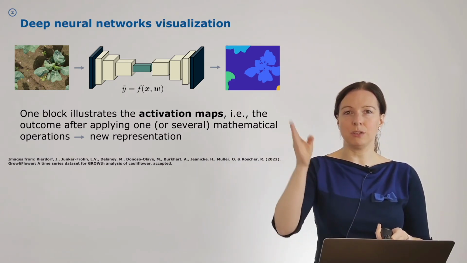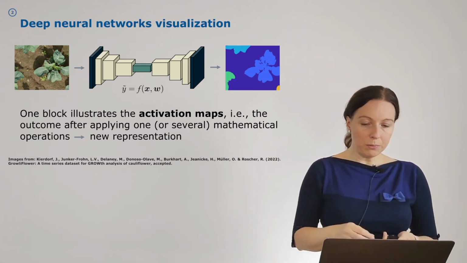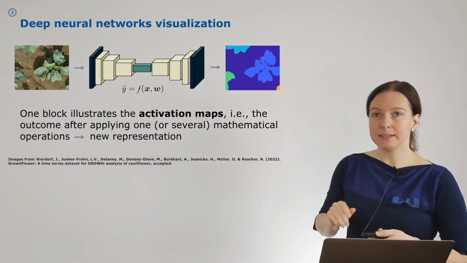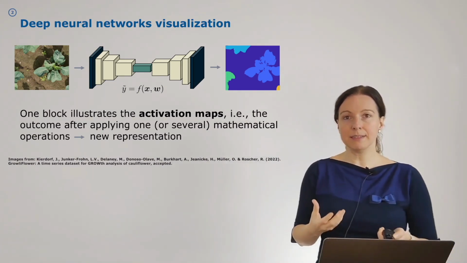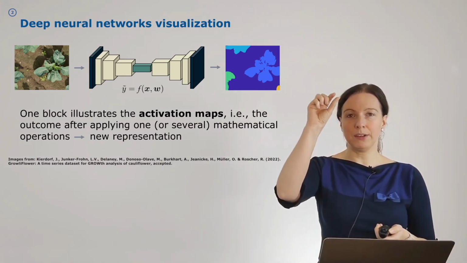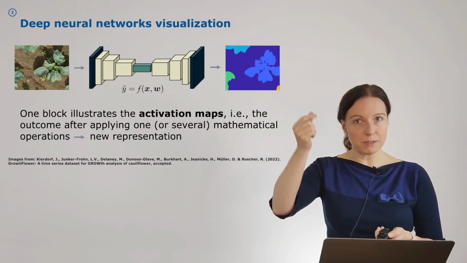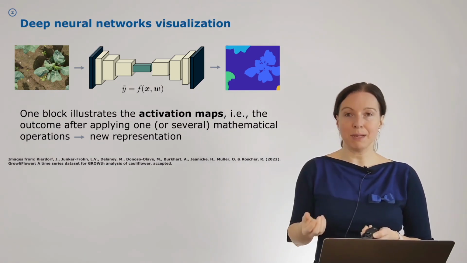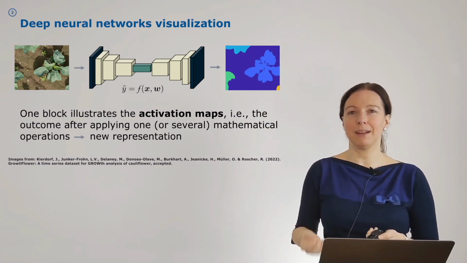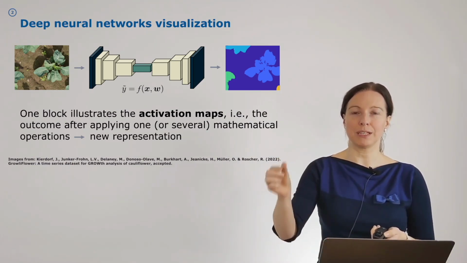The output is in our case an instance segmentation map. In an instance segmentation map, you have at each pixel position a semantic class, but not only the semantic class, but also an index for the object in a specific class.